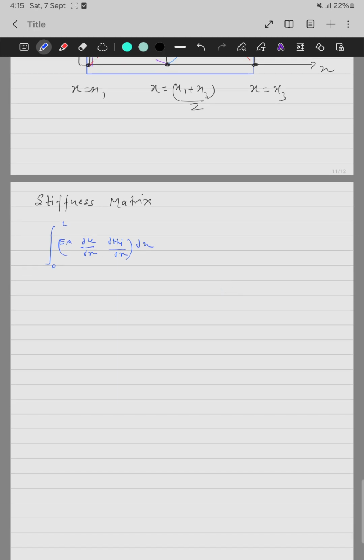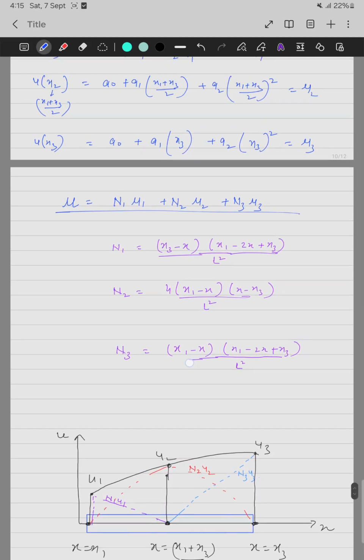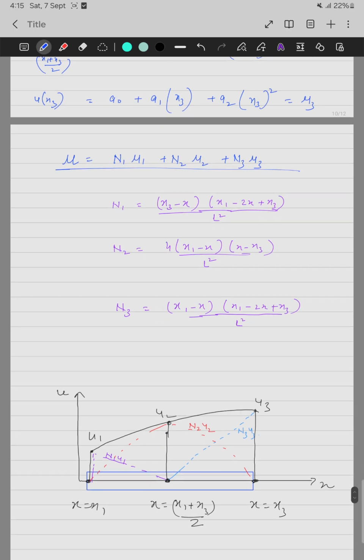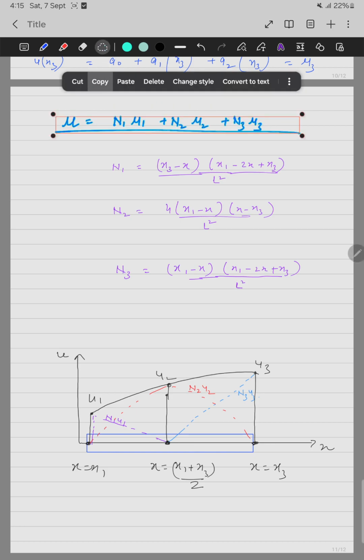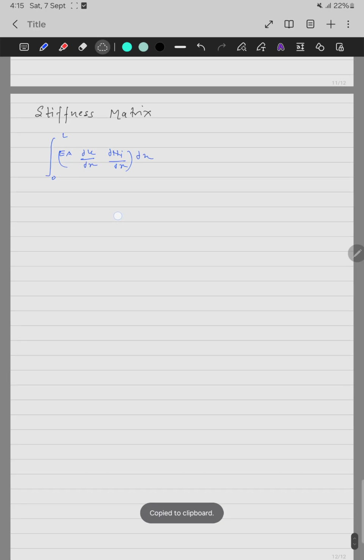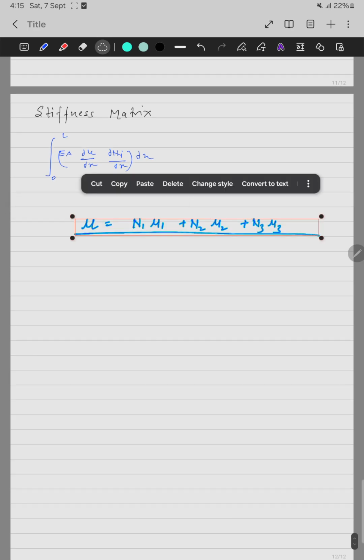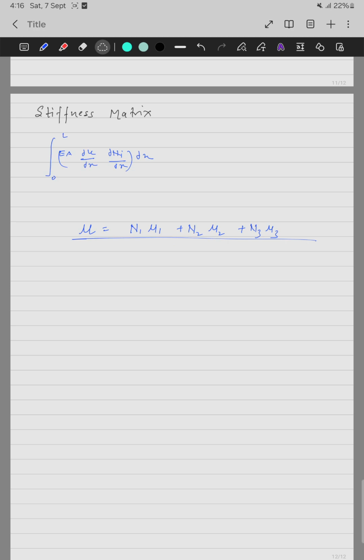Now we need del U by del X, and as we see we have this U, we have n1, n2, n3. Now I can erase this.